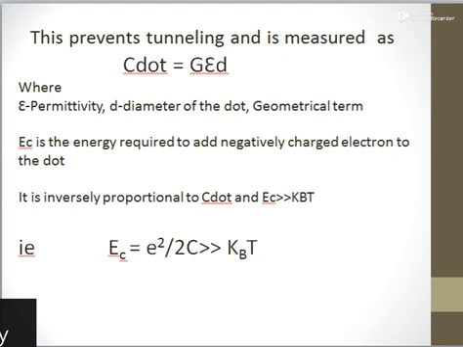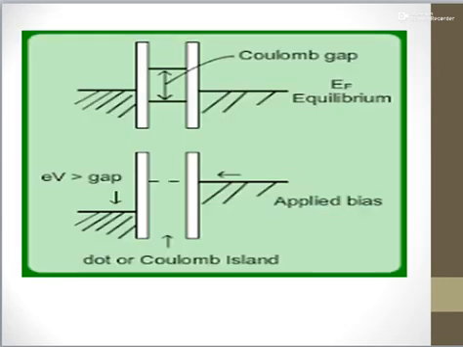EC is the energy required to add a negatively charged electron to the dot, and that energy is inversely proportional to C dot, and EC is very much greater than kBT, where kB is the Boltzmann constant and T is the absolute temperature, expressed as follows.